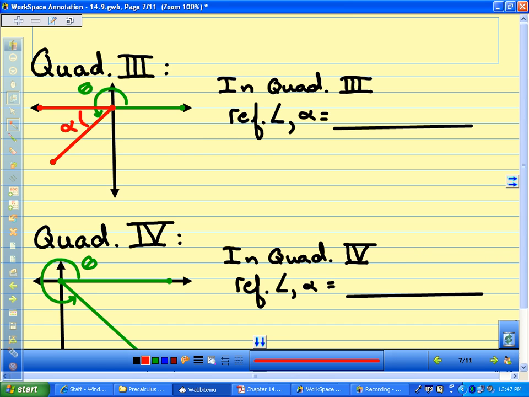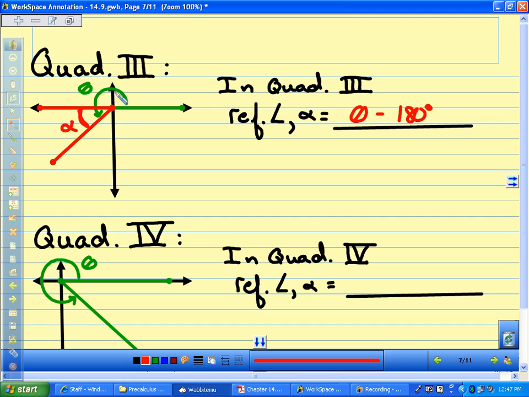In quadrant 3, what's the smaller angle? Don't make this more difficult than it is, folks. Right here's an angle theta, right here's 180. I want to find out what's in between theta and 180. How are we going to find that angle? Theta minus 180. We take the larger one, which is theta, and subtract off from that the 180.